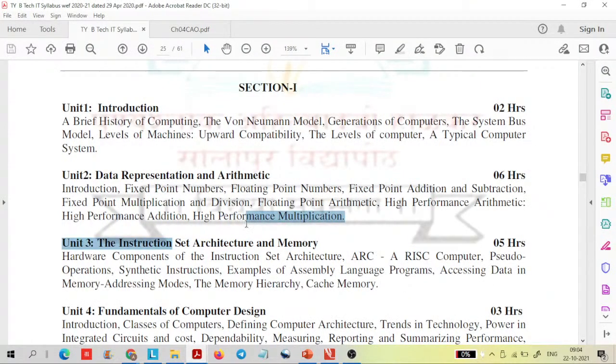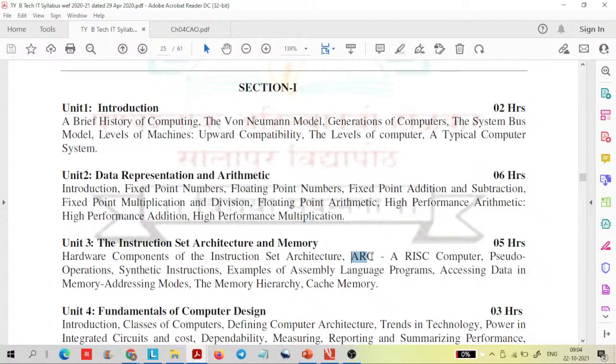The instruction set architecture has a type of RISC computer. RISC and CISC are the two computer architecture types: reduced instruction set computer and complex instruction set computer architecture.